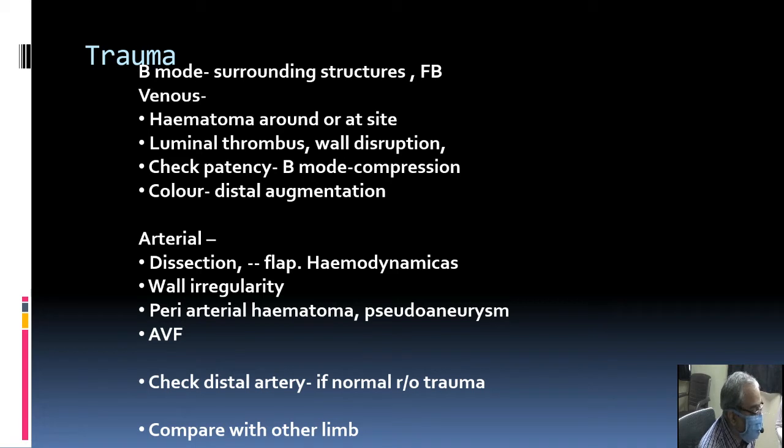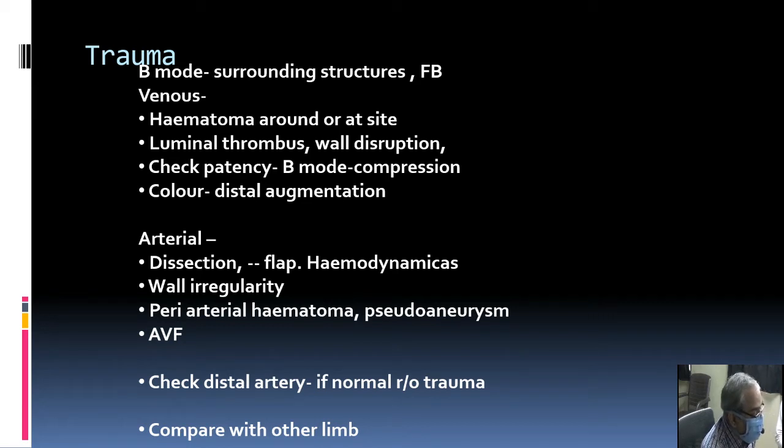On the venous side, there can be hematoma around or at the site. There can be luminal thrombus, there can be wall disruption of the vein. To check patency of the vein, whether it is compressible or not, we can do augmentation: keep the probe above the level of injury and compress below the level of injury, and if there is augmentation, we can consider that particular vein patent.